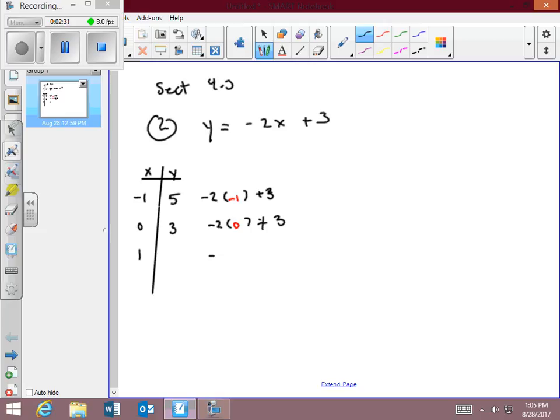Then it's a -2. I replace the x with 1. So I got -2 times 1, -2 plus 3 is a 1. So now I have these ordered pairs that I'm going to plot.